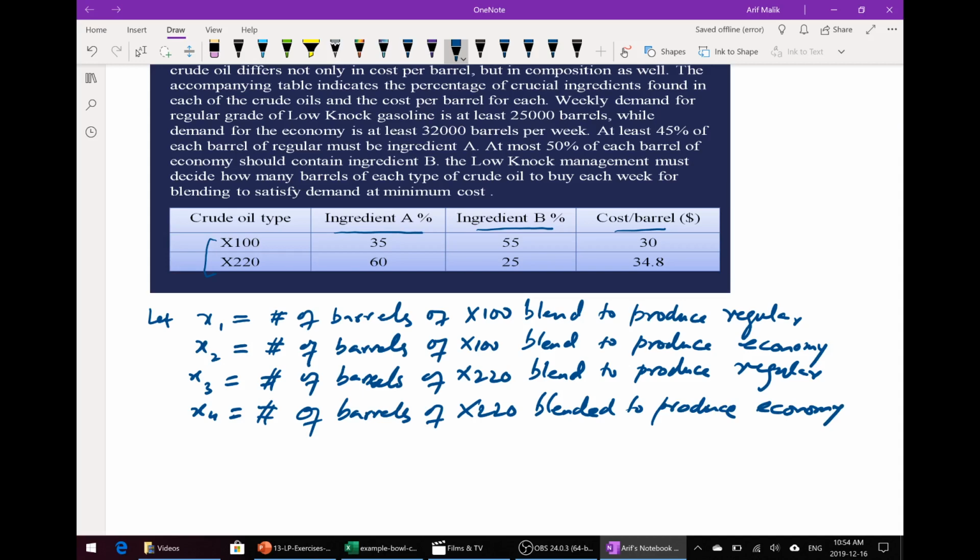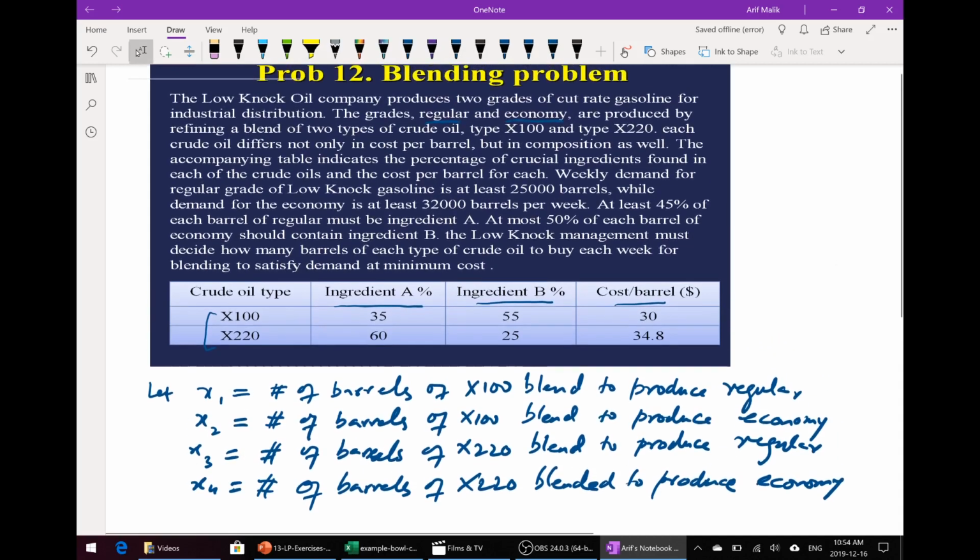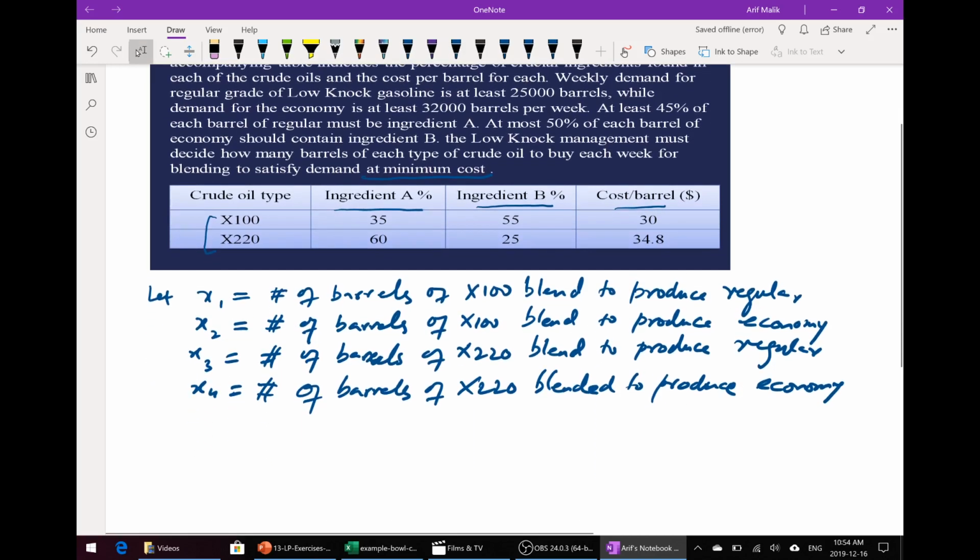Once we have defined the variables, we see that it's asking how many barrels of each type of crude oil to buy each week for blending to satisfy demand at minimum cost. So our objective is to minimize the cost.